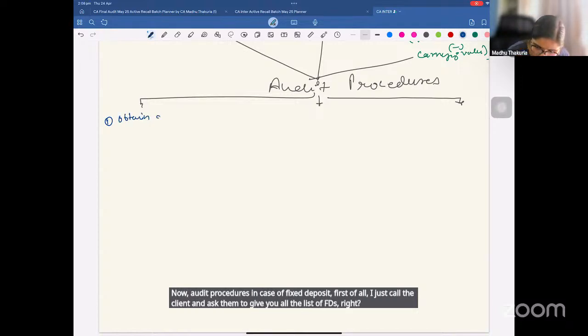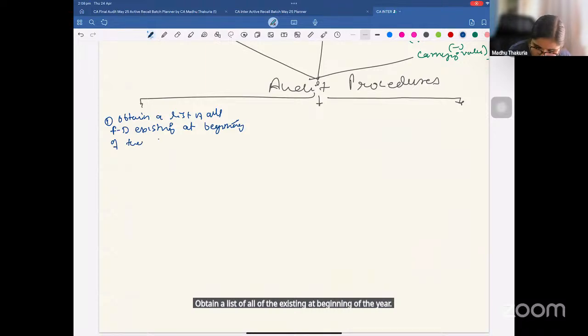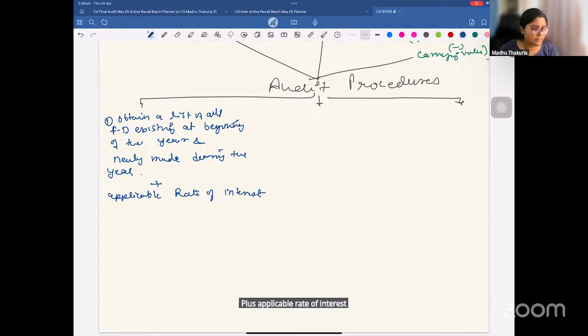Obtain a list of all FDs existing at the beginning of the year and newly made during the year which you are auditing, plus applicable rate of interest, plus number of days for which the deposit is made.